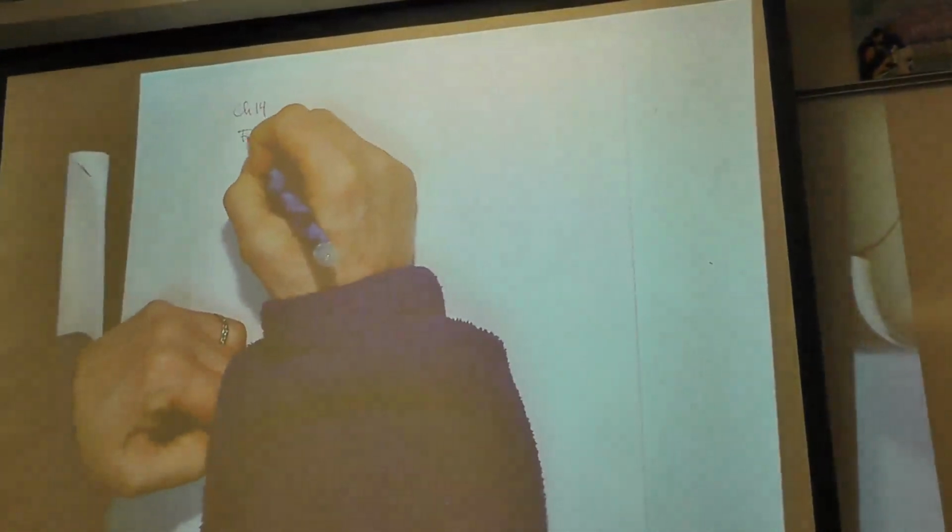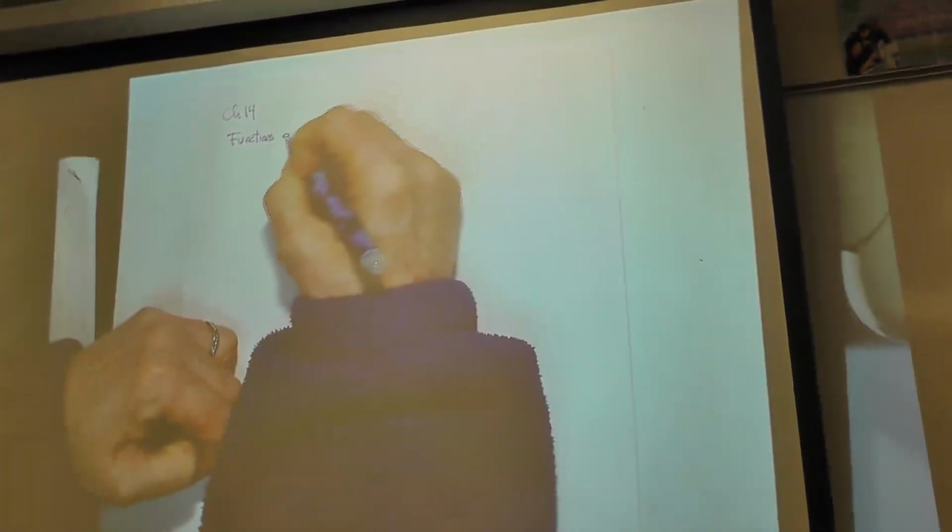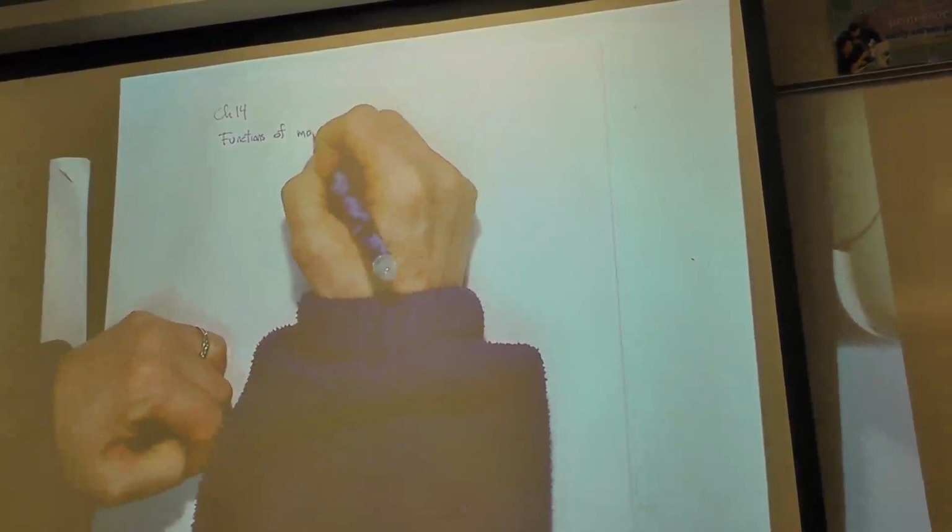So this moves us into dealing with the beginning of chapter 14. Chapter 14 is going to deal with functions of more than one variable.